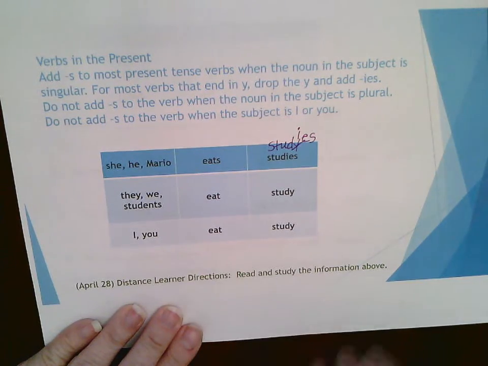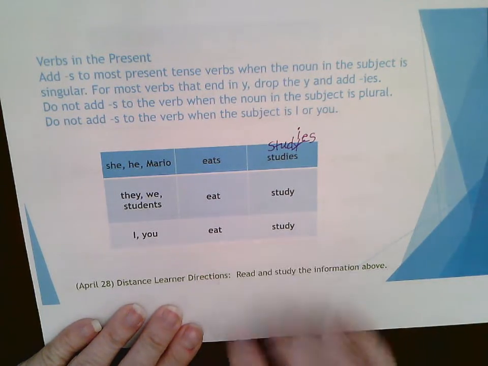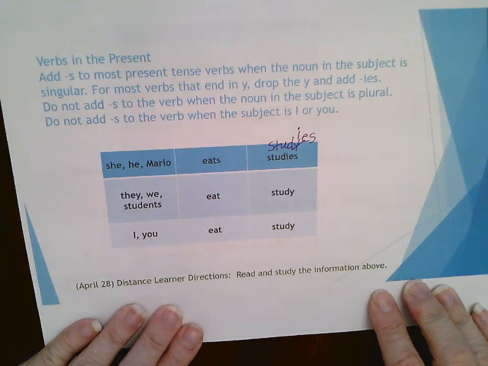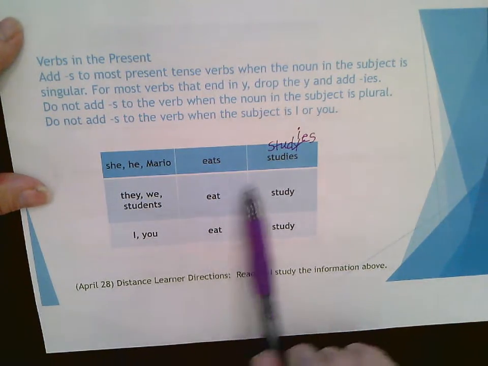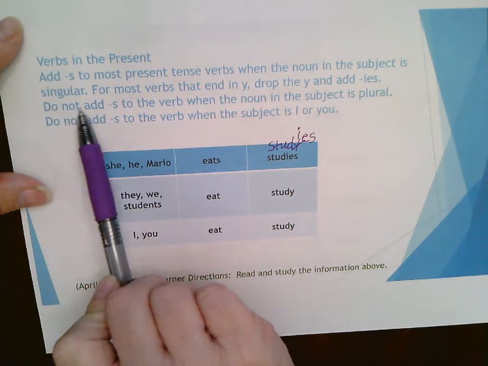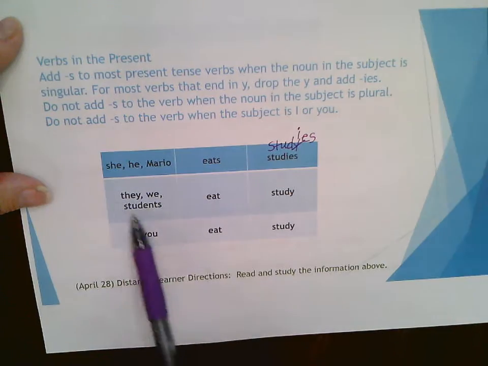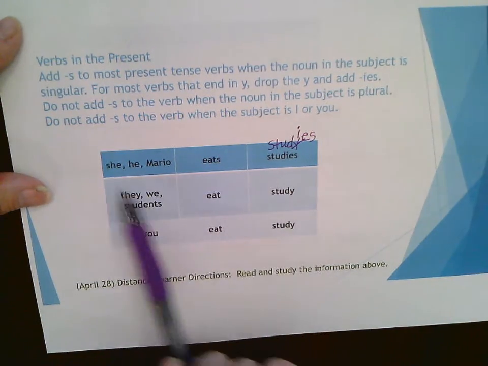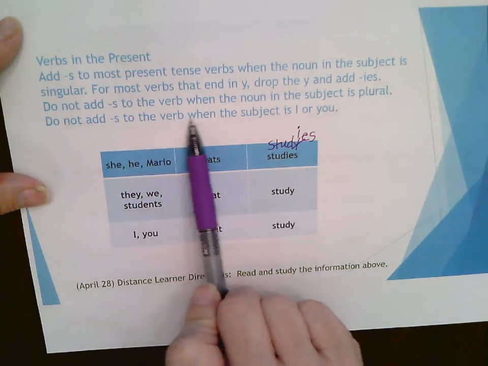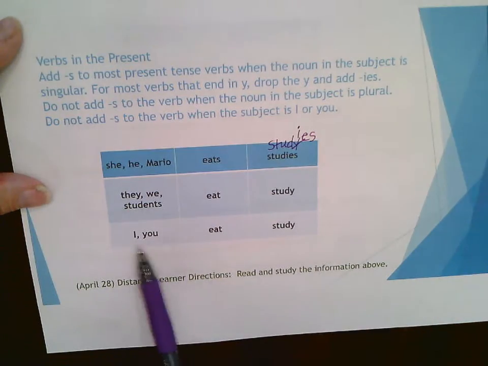I do not add endings to those or make any changes to that verb to keep it in the present tense. And as you can see up here, it said do not add S to the verb when the noun and the subject is plural, like here. And do not add S to the verb when the subject is I or you.